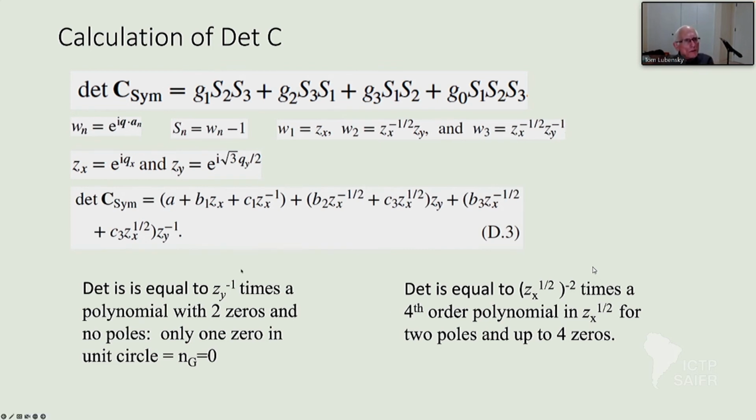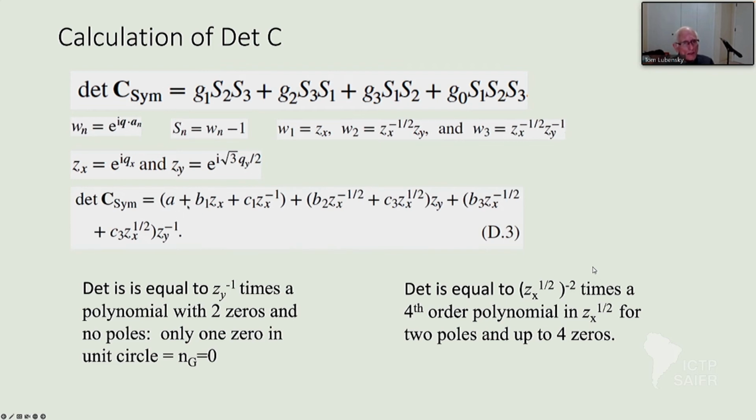So here I show you the actual calculation of the determinant of the topological lattices we've been looking at. The determinant depends upon Zx, which is e to the iqx. It depends on Zy, which is e to the i root 3 over 2 qy. This is just representing the projections that have to do with the triangles in the lattice.